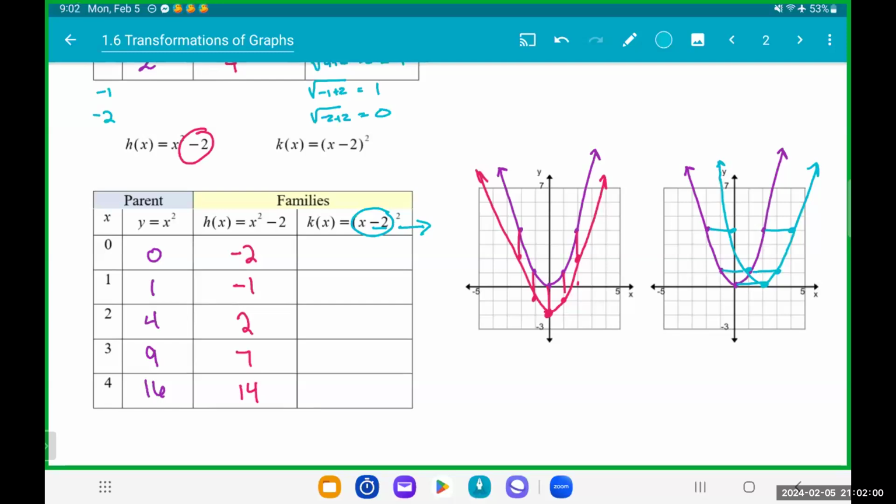Okay, so that gives me values of 4, 1, 0, 1, 4. And so you can see at 0, I'm up here at 4. Yep. At 1, I'm at 1. Yes. At 2, I'm at 0. Yes. At x equal to 3, y is 1.